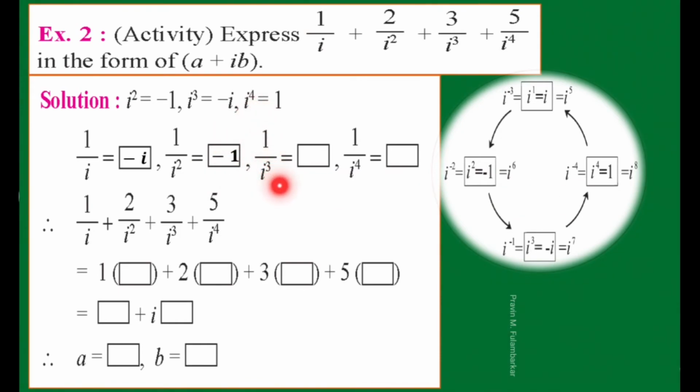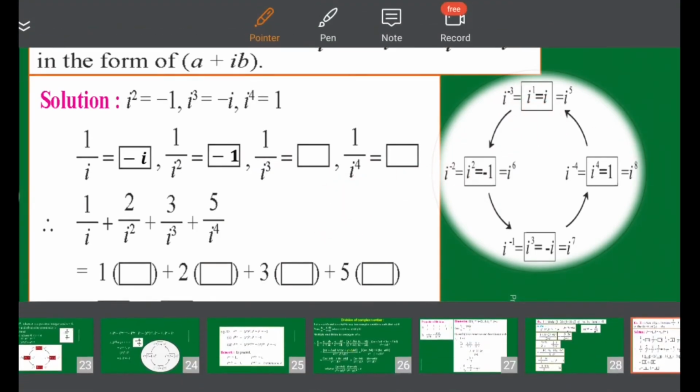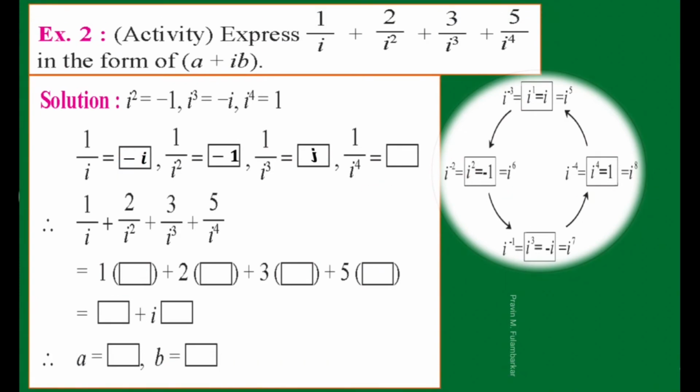1 upon i cube. For 1 upon i cube, we go to the next value in the clockwise direction, i raised to the power minus 3. So we write that as i. Then 1 upon i raised to the power 4 means i raised to the power minus 4. So we write it as 1.